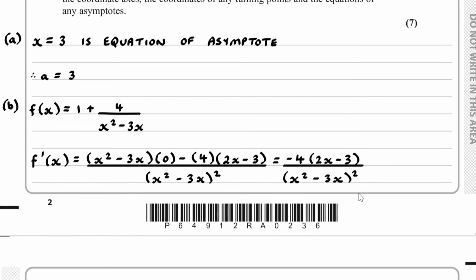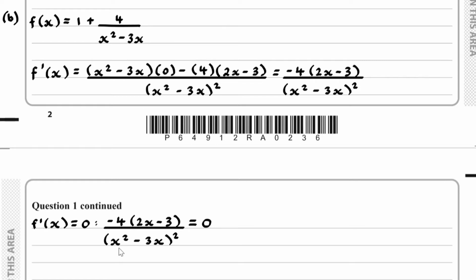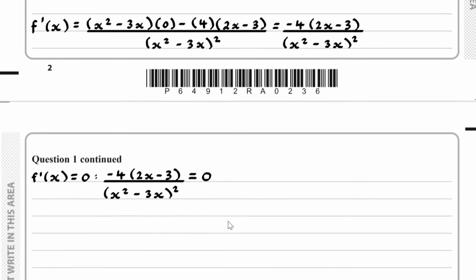And now that we know what f dash of x is, if we set f dash of x equal to 0, what we can do from that is find the x coordinate of the turning point. So we have negative 4 multiplied by 2x subtract 3 over x squared subtract 3x all squared equals 0.